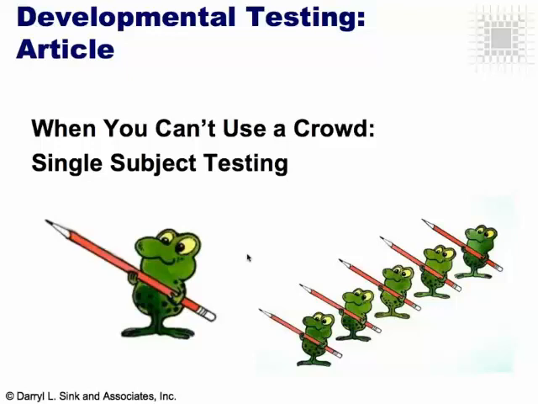Well, if you're going to go through those cycles, what you're going to use up is 45 people. You'd have 15 in the first tryout. You'd make some revisions. You have to have 15 different people in the second tryout. You make some revisions, and you're going to have still another 15 people for the third tryout.